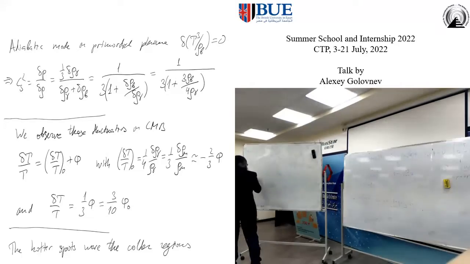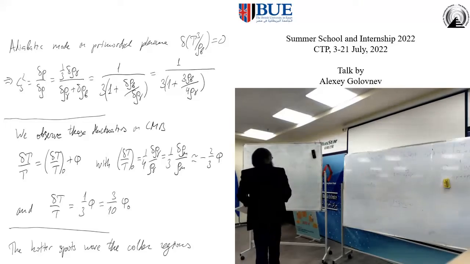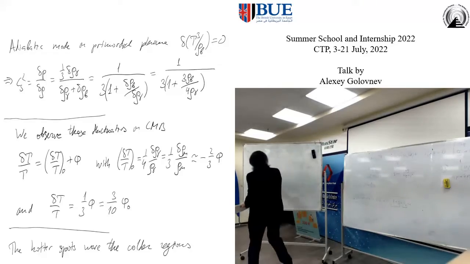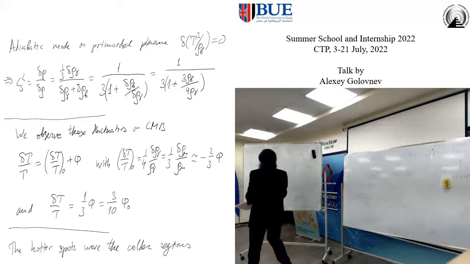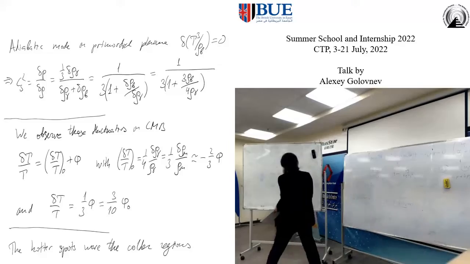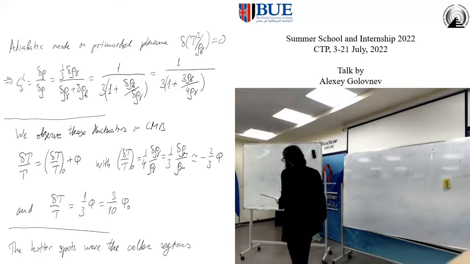And then finally I see that the sound speed squared is the variation of the pressure over the variation of density. The variation of the pressure is 1/3 delta rho gamma, right? And the variation of density is the variation of gamma plus the variation of baryons.